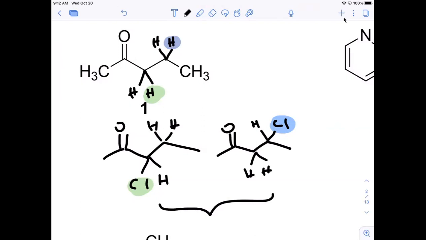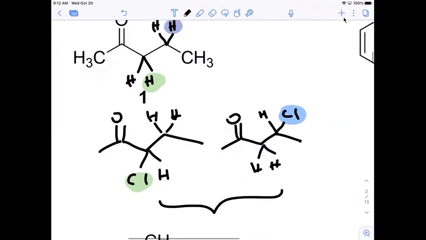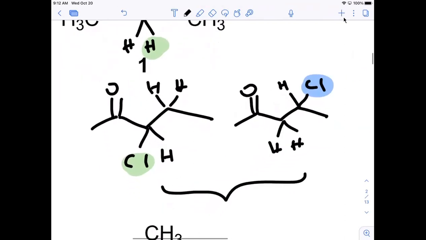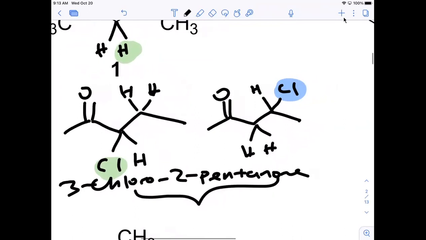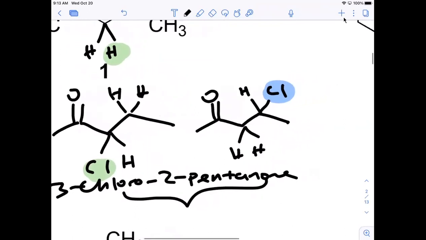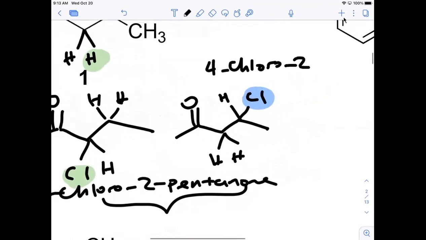So these are two totally different compounds. This would be 1, 2, 3, 4, 5 carbons, 3-chloro-2-pentanone. And then this would be 4-chloro-2-pentanone.